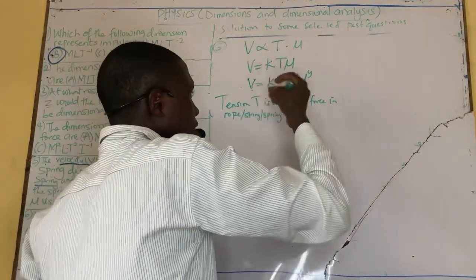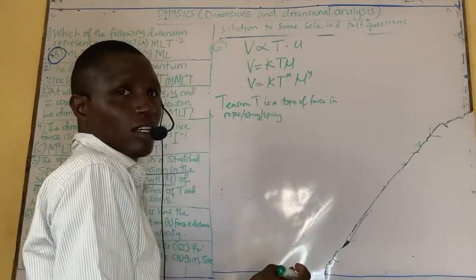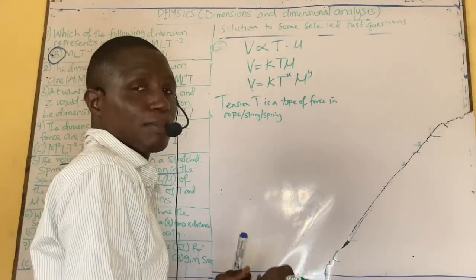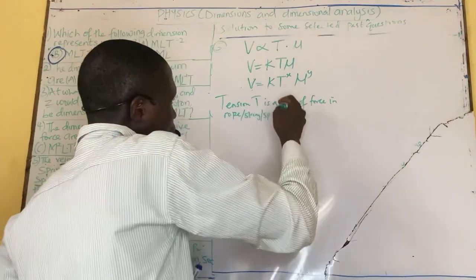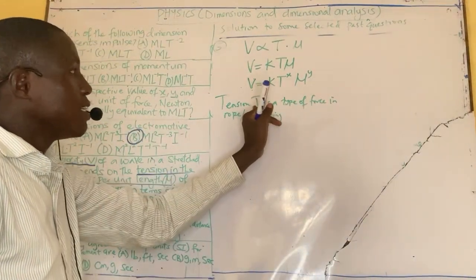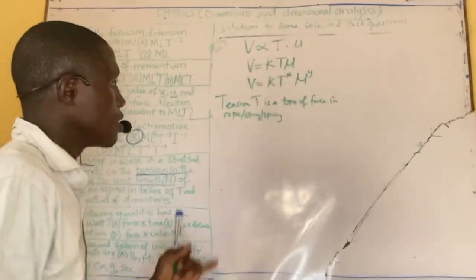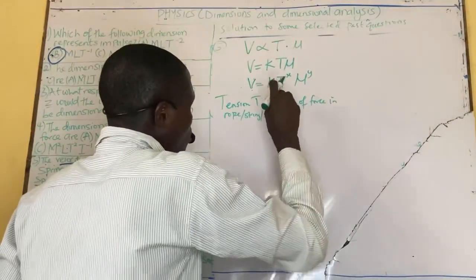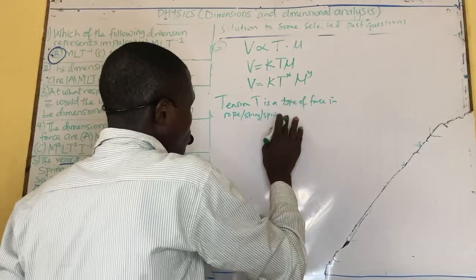So you are going to find the dimension of force for T, that's representing tension. So now I want to find the dimension of force that is being represented by T, called tension.